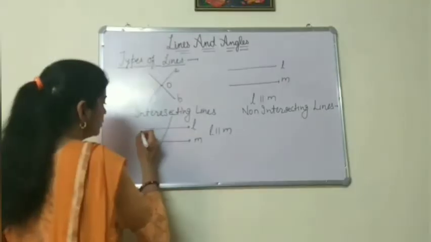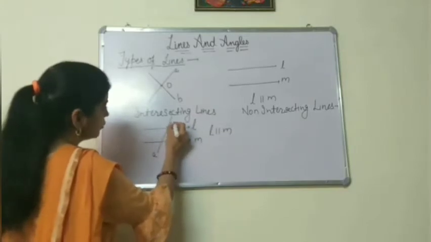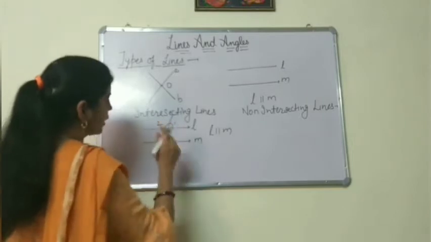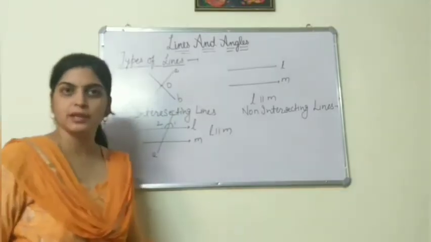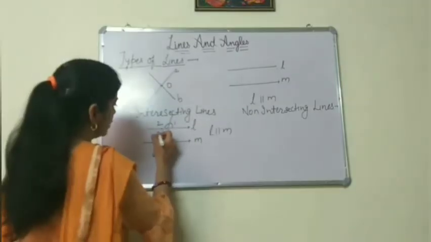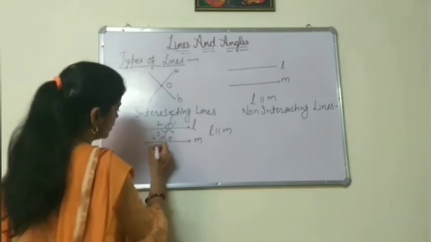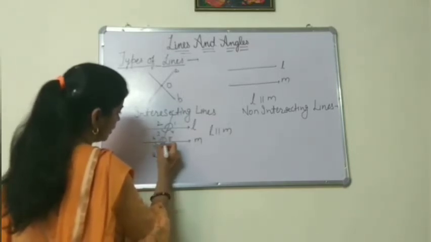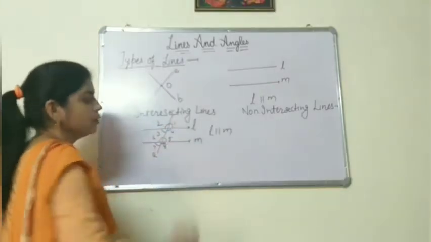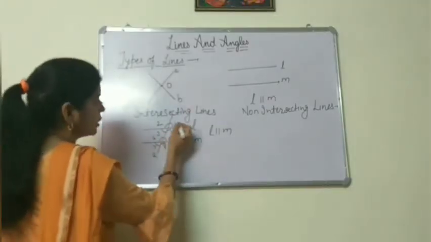Then there are different types of angles formed, that is angle 1, 2, 3, 4, 5, 6, 7 and 8. Angles 1 and 2 are adjacent angles and also a linear pair of angles.